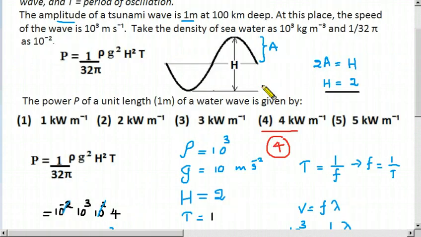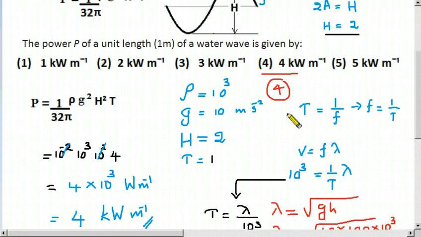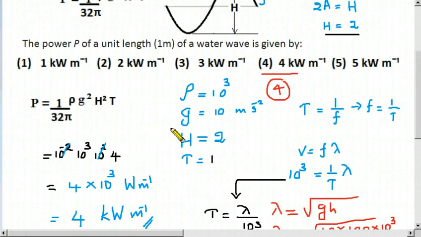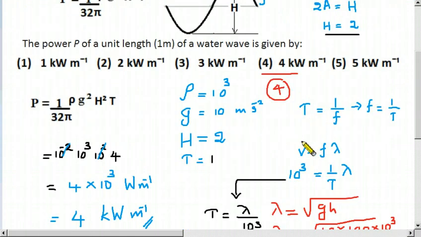So children, I think you understand this. It is not a big issue, but at first glance it looks like a difficult question, because this equation gives us that impression, and also there is a figure given like this. So at first we think, my God, this is a difficult question, but the way I solved it, it is not difficult, because these things you already know.